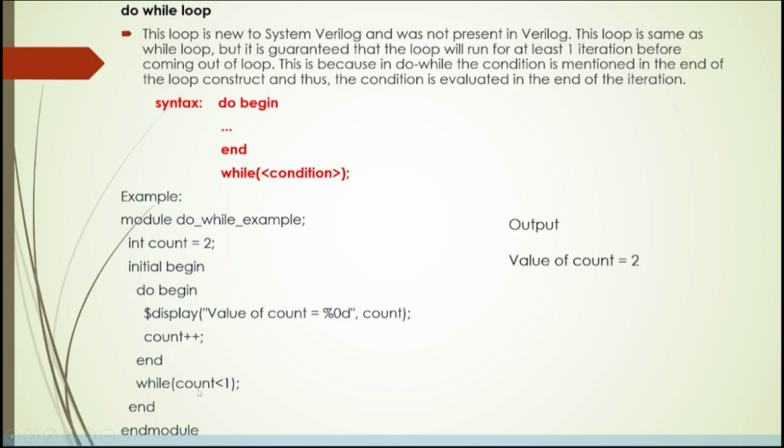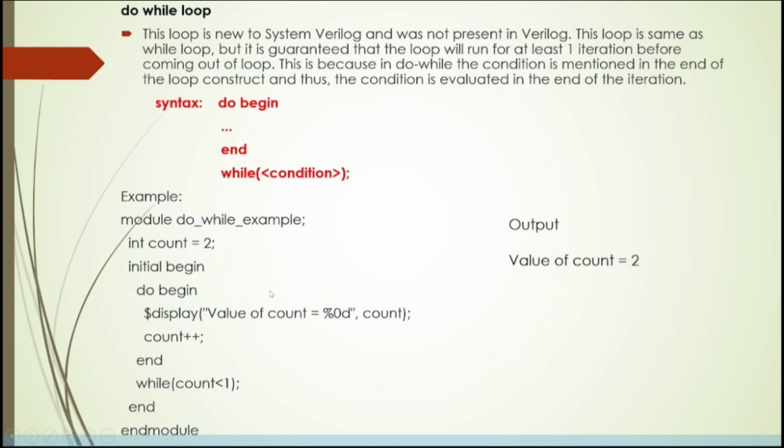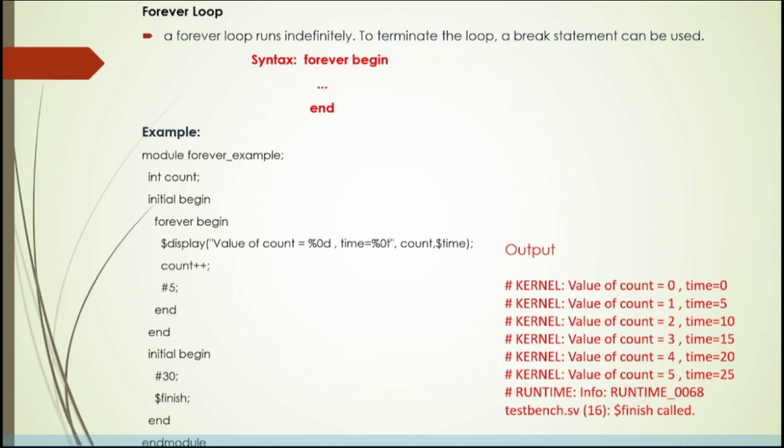Now it comes to check the condition, 2 is less than 1, which is false, so it will be exiting the loop. So that is the difference. In while loop, no statements will be executed if the condition is false, but in do while loop, at least one statement will be executed without checking the condition. Clear, right? This is the difference between while and do while.